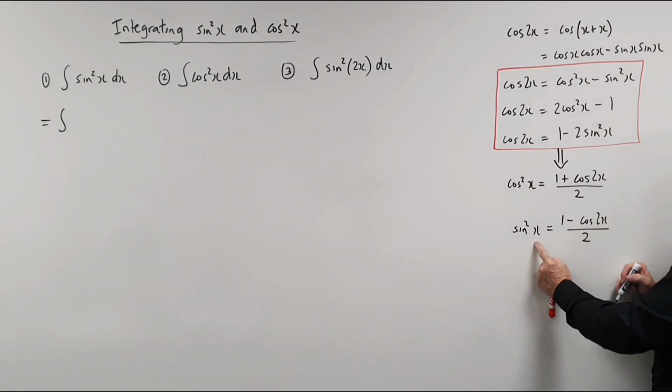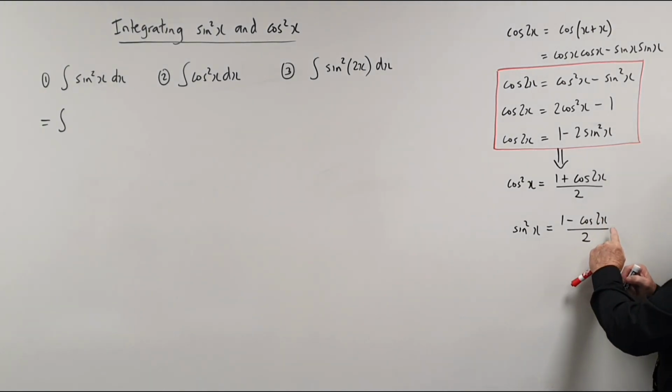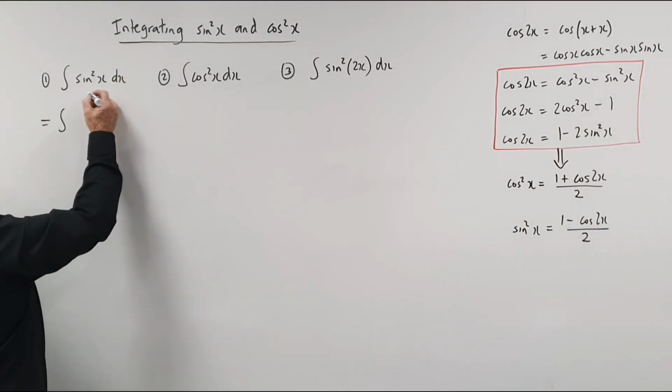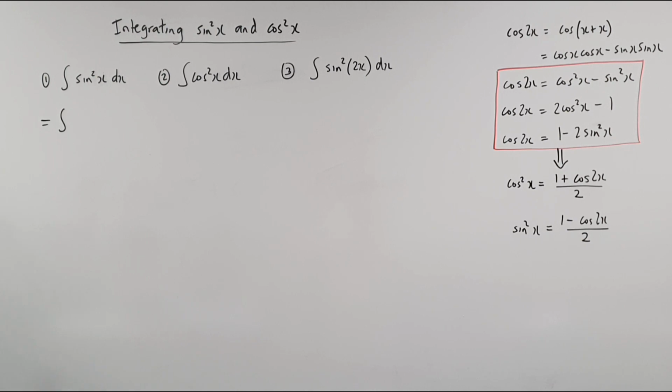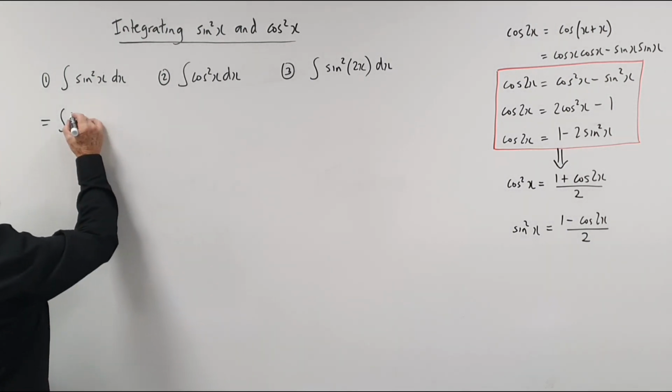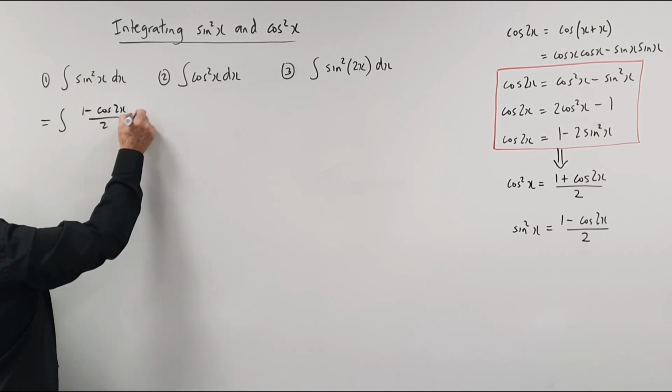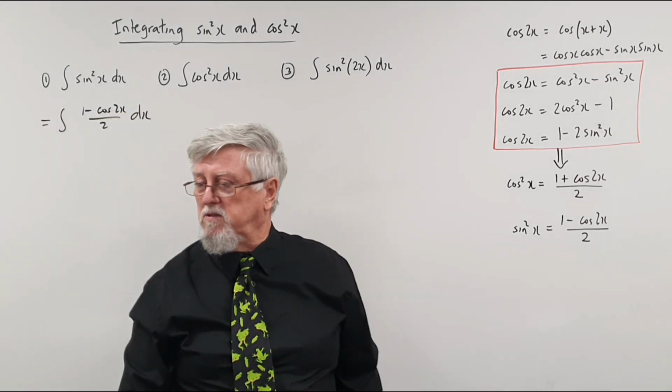But the x is going from an x to a 2x. So Alex's question a moment ago about cos, I could put times cos on cos, but that's just going to make it more complicated. So let's change it into that. Sine squared can be 1 minus cos 2x on 2 dx. Now can you do the question?